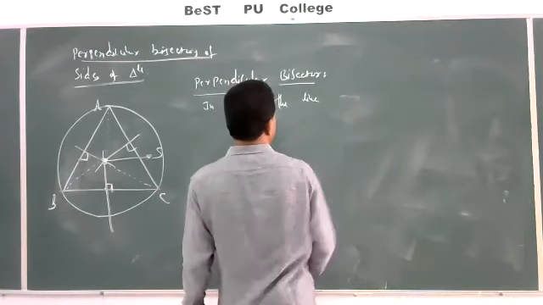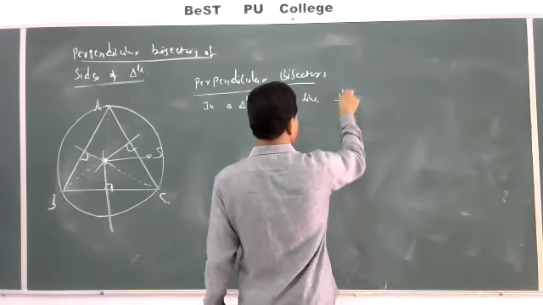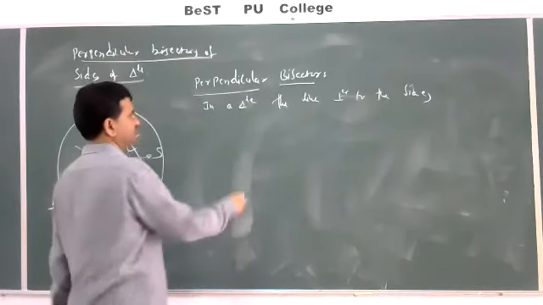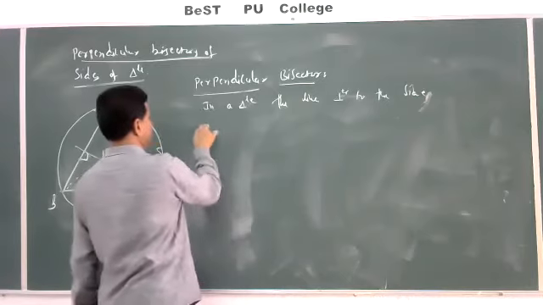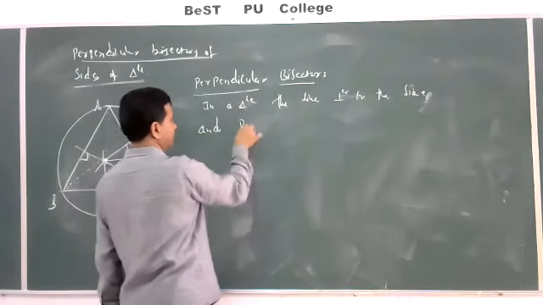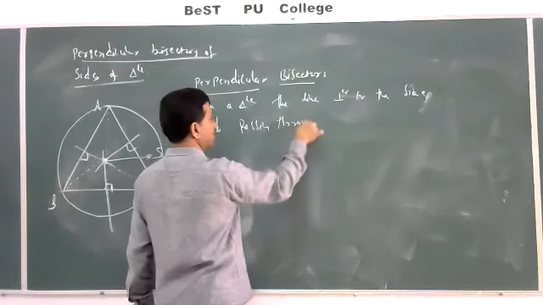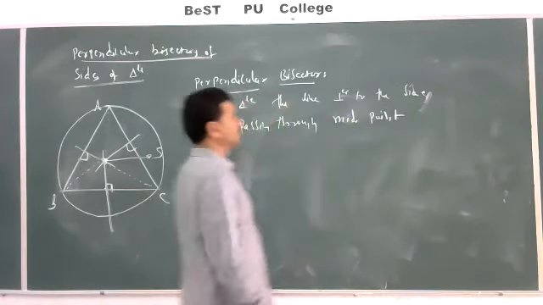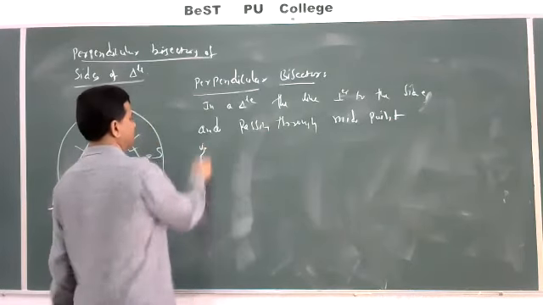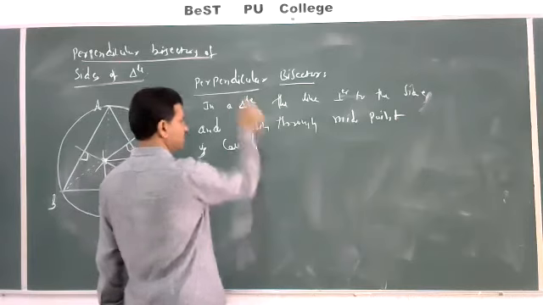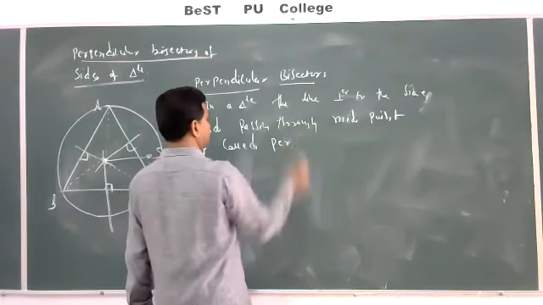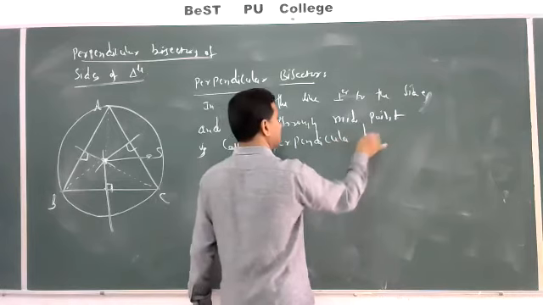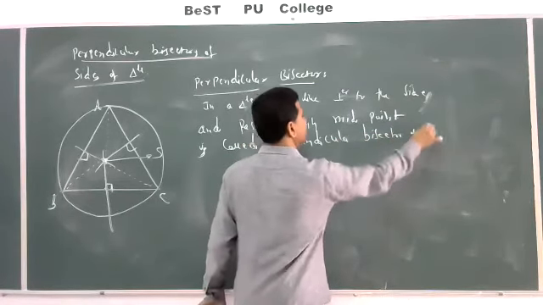The line perpendicular to the side and passing through the midpoint is called the perpendicular bisector of the side.